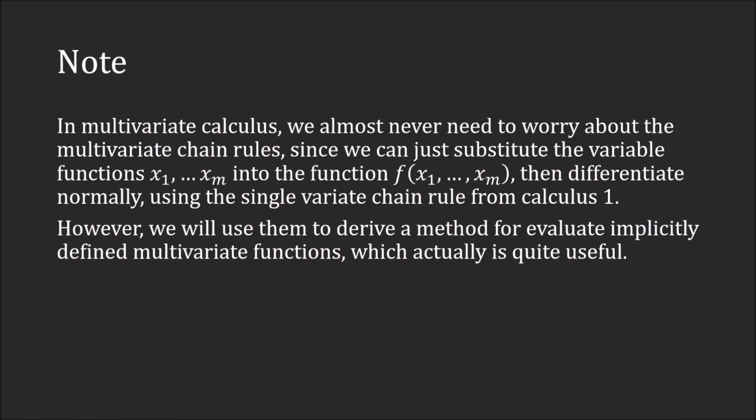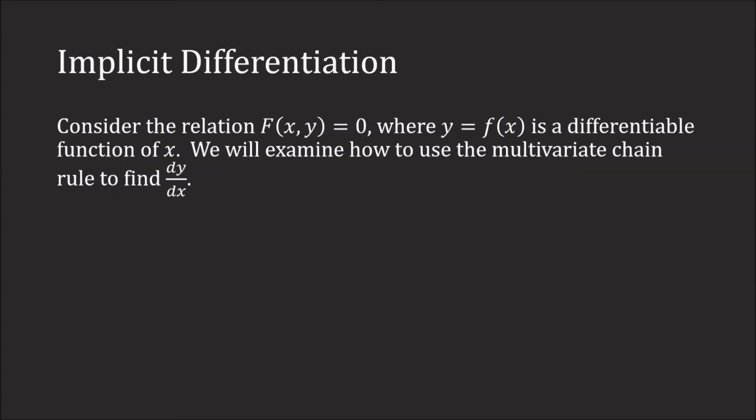However, they are very useful in derivations and quite useful for differentiating implicitly defined multivariate functions. So let's consider the relation f of x, y equals 0, where y equals f of x is a differentiable function of x.